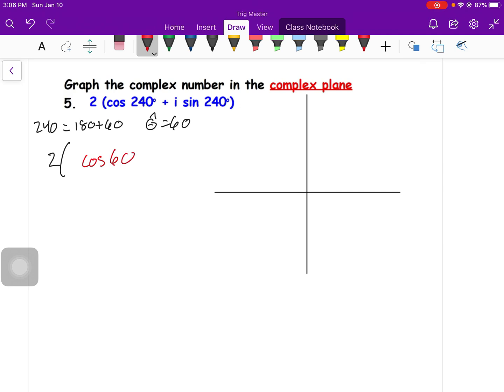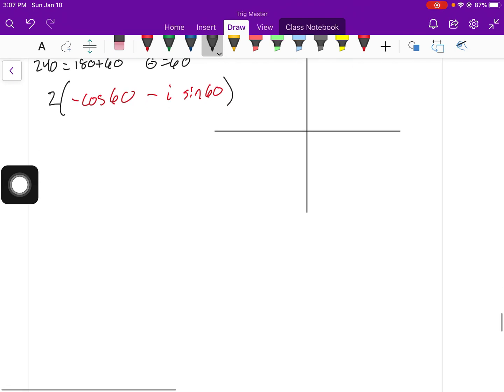We have cosine of 60, but cosine of 60 is on this side, cosine of 240 is on this side, so it should be negative cosine of 60. And then we have plus i times sine of 240, which is going to be sine of 60. But if I think of that, sine is positive up here, 240 is down here. I'm actually going to have that be a negative, so I'll just change this from a plus to a minus. You could have i times negative sine 60. It's basically the same thing.